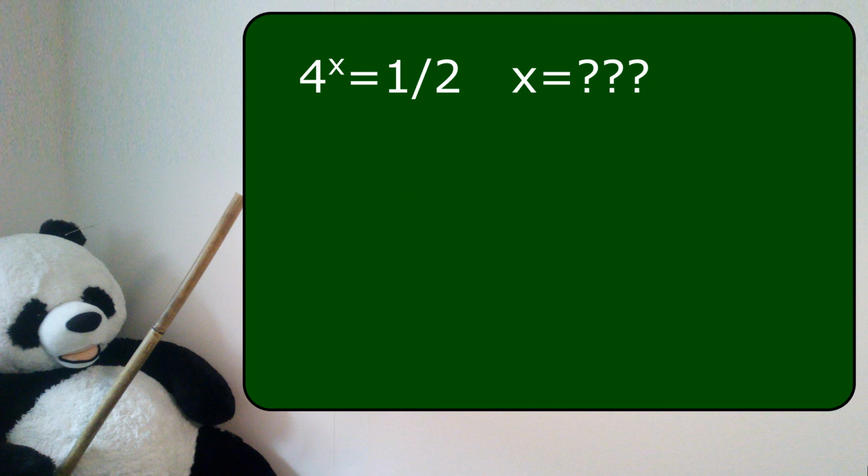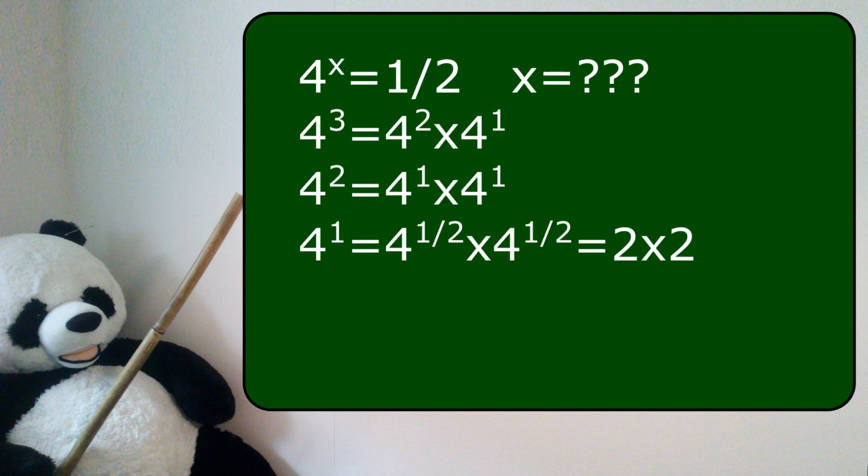And the other part you're going to need is understanding 4 to the power of 1/2. So if we're comfortable with 4 to the power of 2 times 4 to the power of 1 equaling 4 to the power of 3, or 2 plus 1, and 4 to the power of 1 times 4 to the power of 1 being equal to 4 to the power of 1 plus 1, or 4 to the power of 2, then we can say 4 to the power of 1 equals 4 to the power of 1/2 times 4 to the power of 1/2.